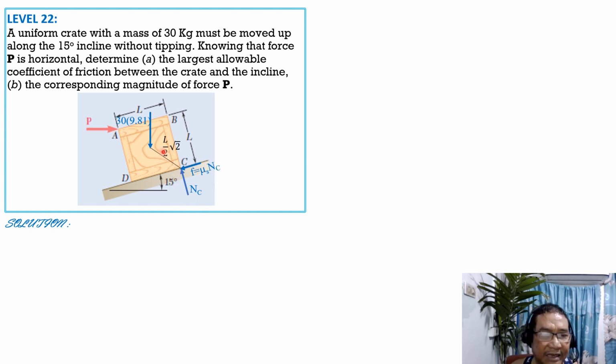Since the angle between this distance and this incline CD is 45 degrees, and since this is already 15 degrees, if we draw a right triangle with base horizontal, then the measure of this angle is 45 degrees minus 15 degrees, so 30 degrees as shown.